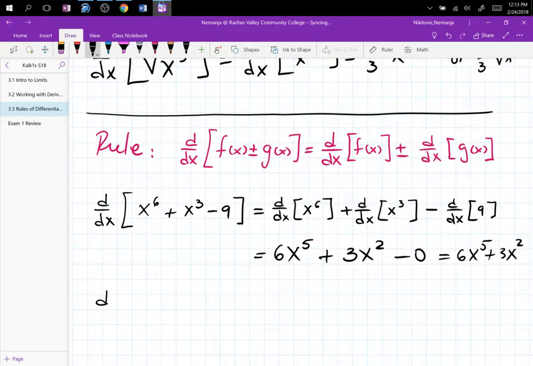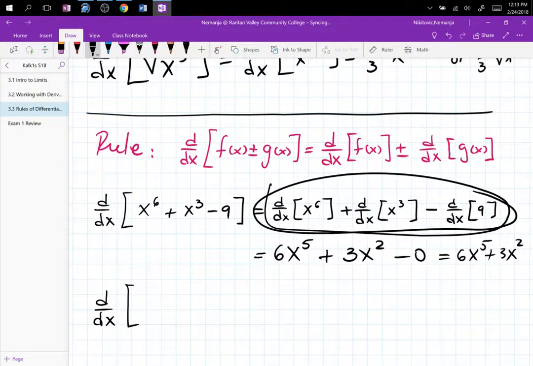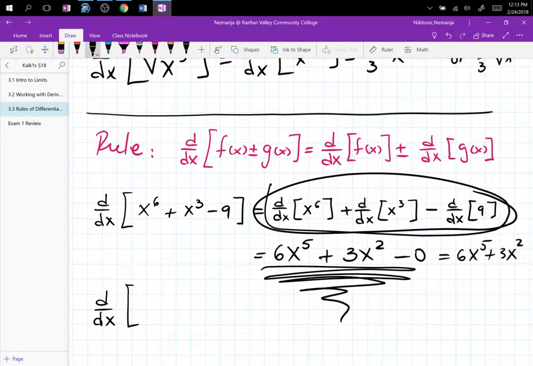Here's the example for you. So d dx of, again, you do not have to write this. You just need to understand that you are allowed to work on each one of these individually and just pile up the answers together. You do not have to write what I circled. It's just in your head.